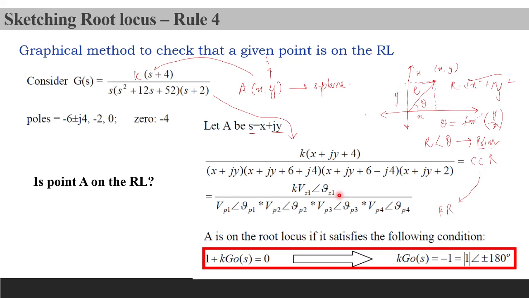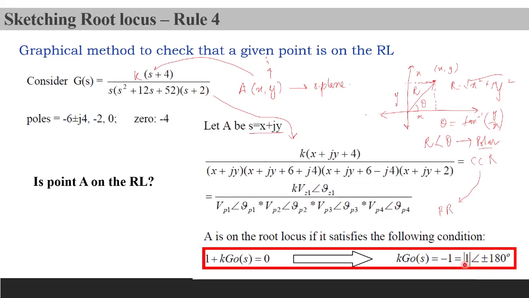So you can always revisit it by using this simple expression, which was your characteristic equation of the basic transfer function, 1 plus k g naught equals 0, which we have seen in our previous lectures. We can derive it for this value k g naught, and this will equal minus 1, which I can say has 1 as the magnitude and plus minus 180 degrees as the angle.